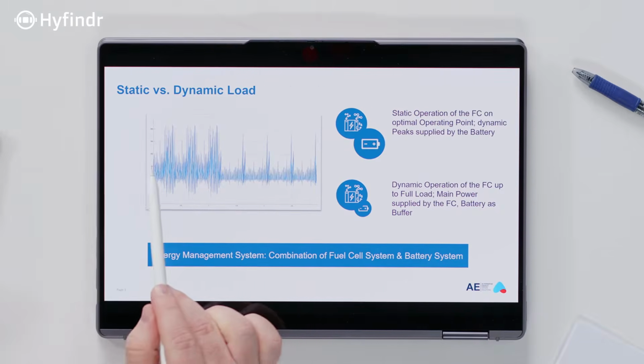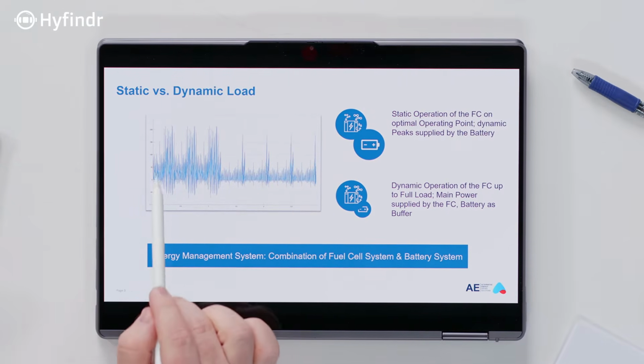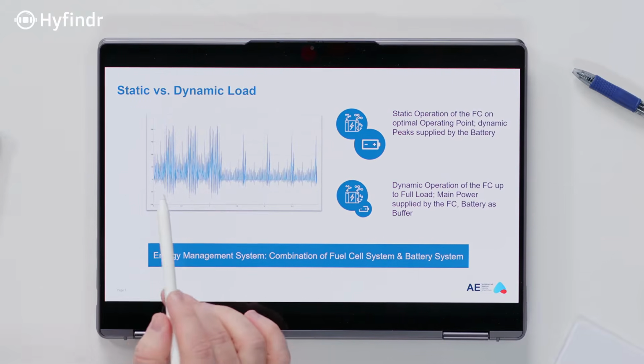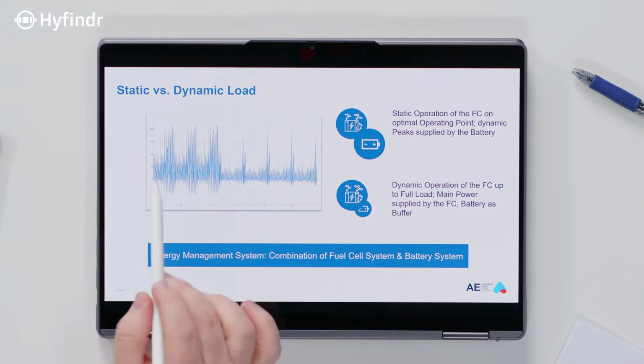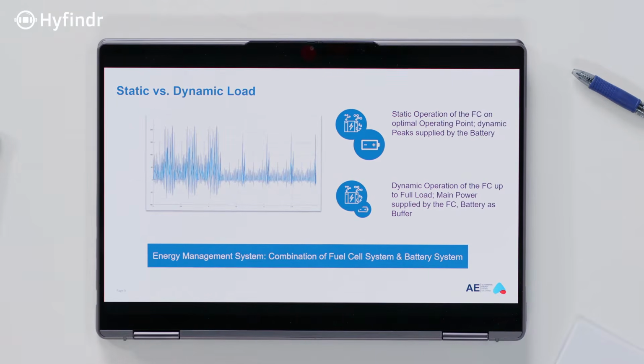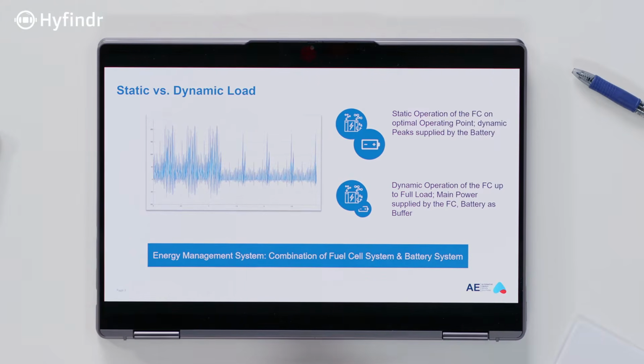Go on. So when we look here, we've got a load profile. Yes. And there we can see some peaks and so on. So how do we provide the power for these peaks? There are different principles to do this. You can combine a fuel cell system with a battery system, a high voltage battery system.